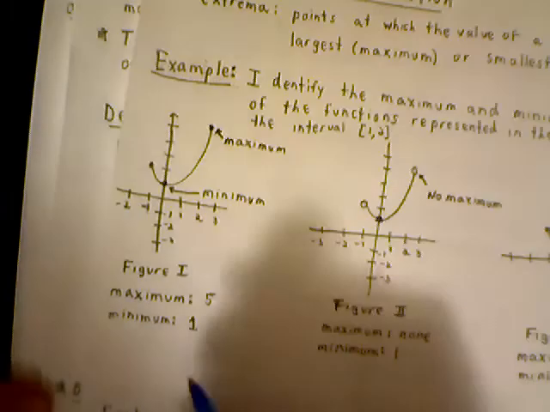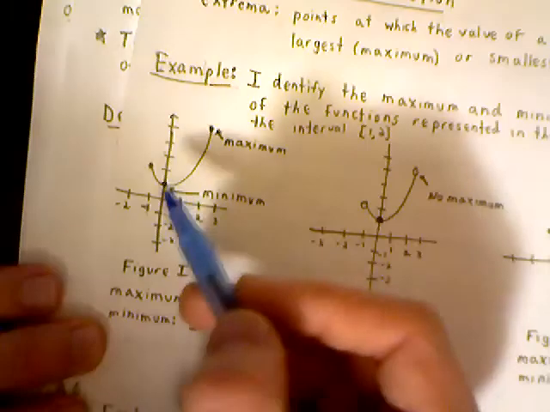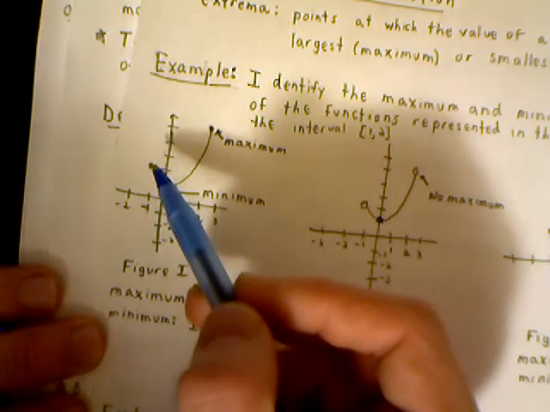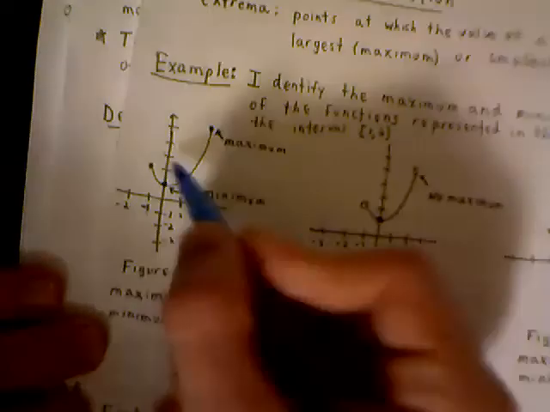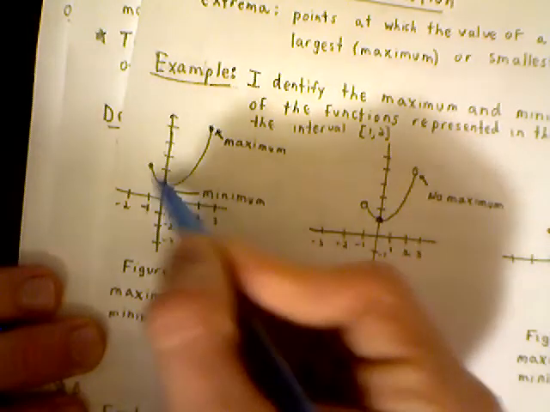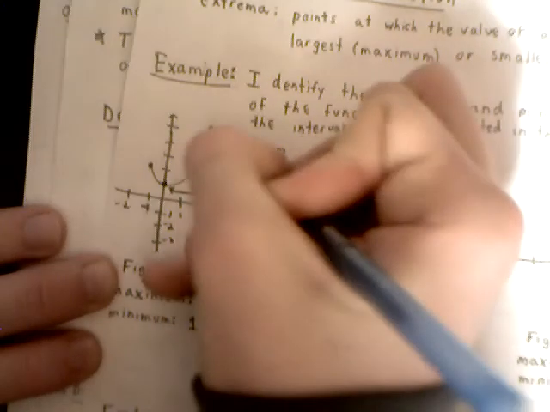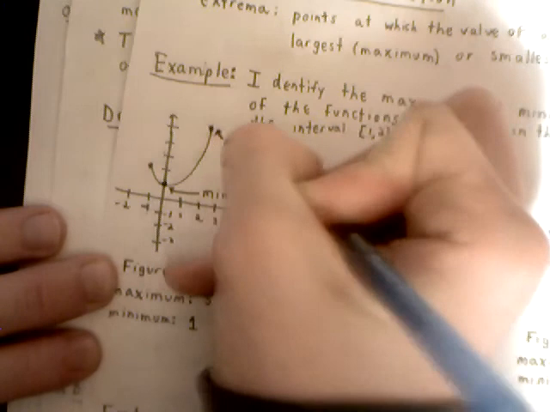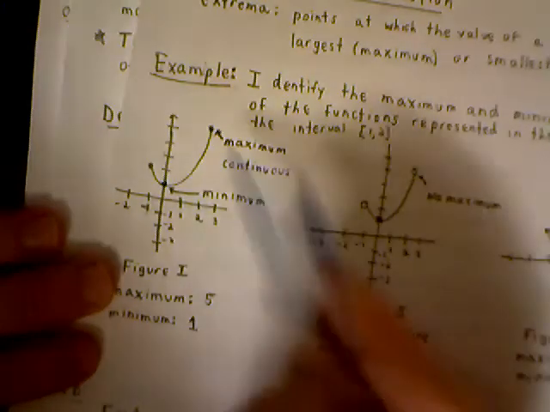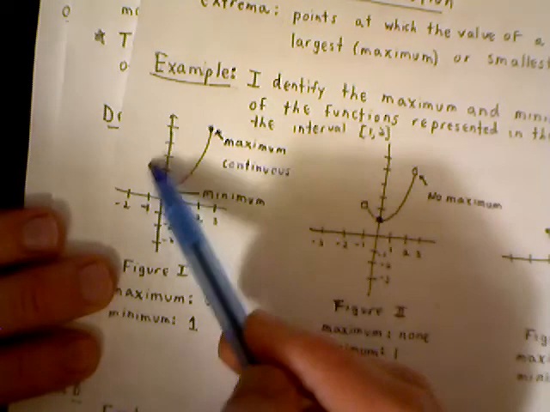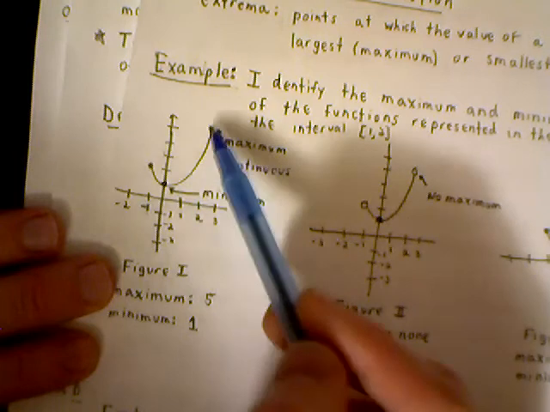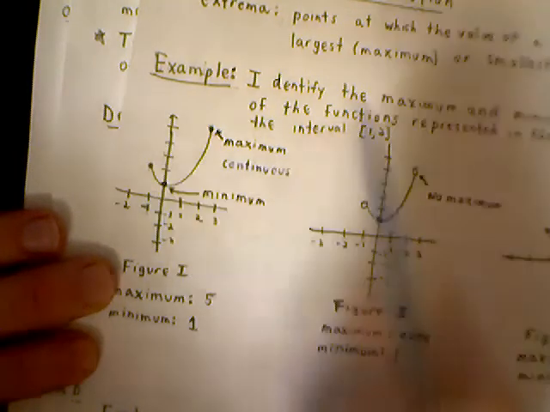Now the function is continuous. I see there are no discontinuities. And we have a closed interval, meaning our endpoints are defined.